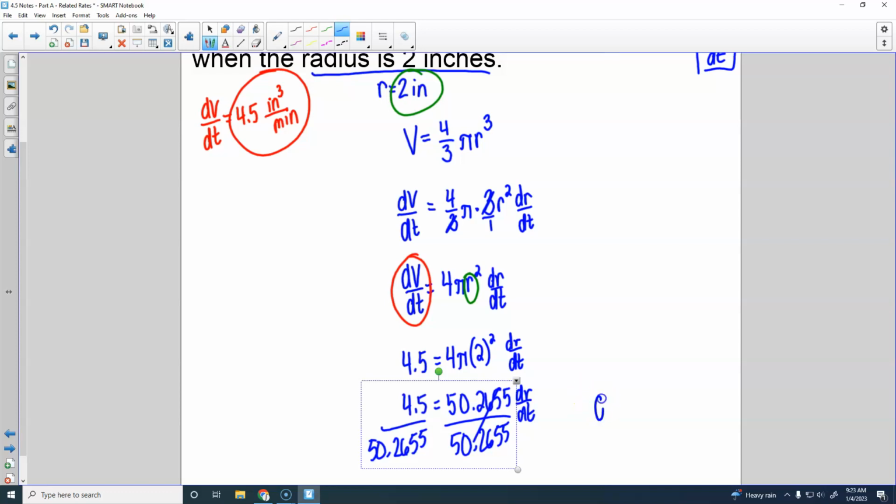And we are going to get 0.089525. What are our units on that?